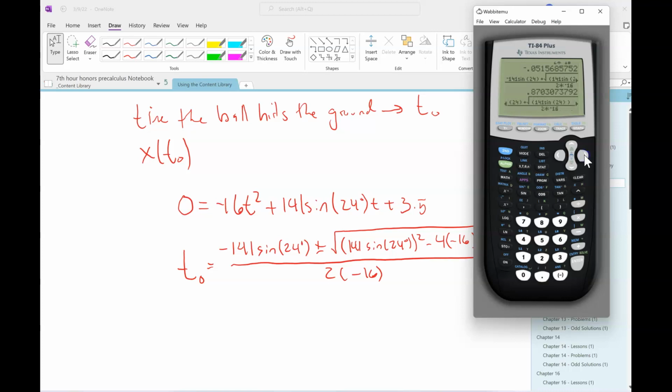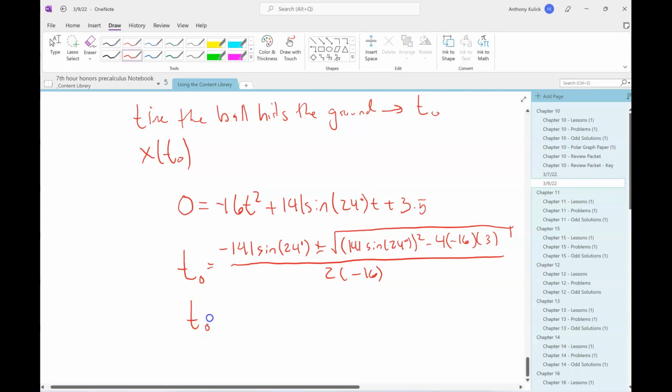Sine 24, squared, okay, minus 4 times A times C. Oh, I see. I don't think that 0.5 was underneath my radical. Well, that would have been a tough one to spot. There we go. So I get negative 0.06.